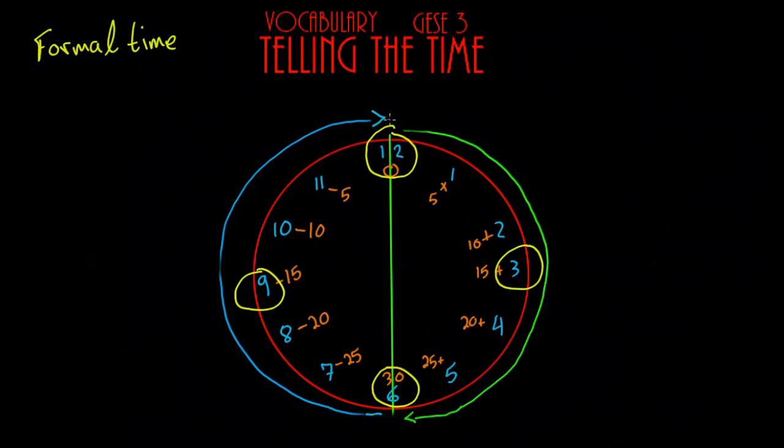Let's say that the times we're talking about are 12 o'clock, a quarter past 12, half past 12, and a quarter to 1.